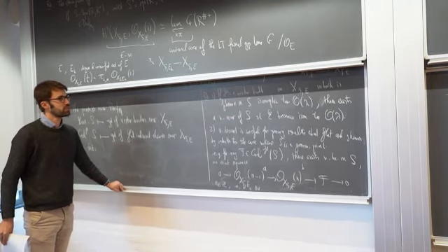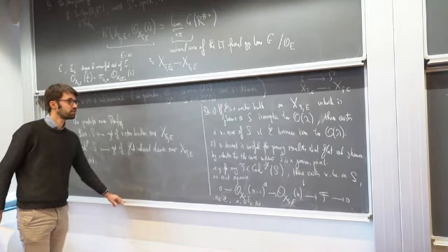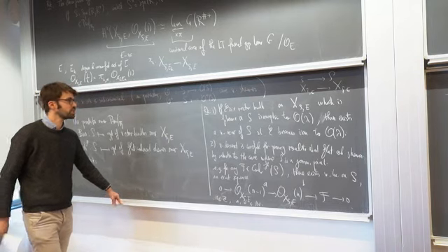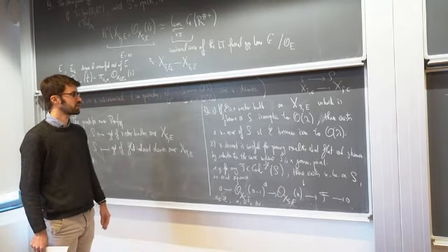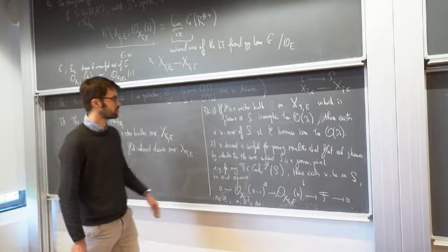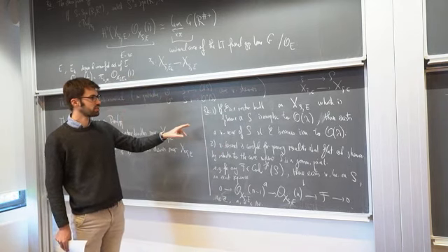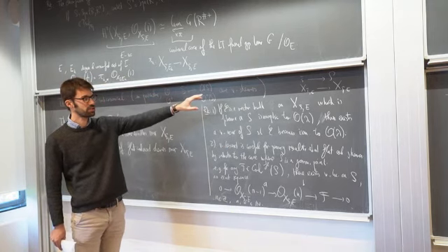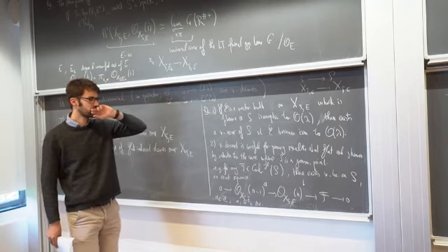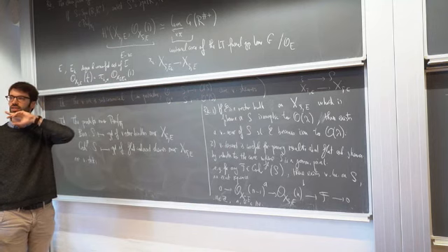The Brauer group of S? Here E is not a vector bundle on S, right? It's a vector bundle on X_S.